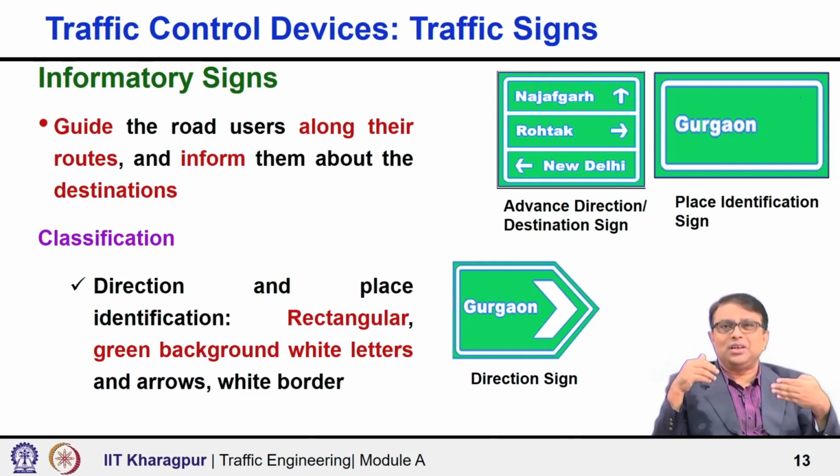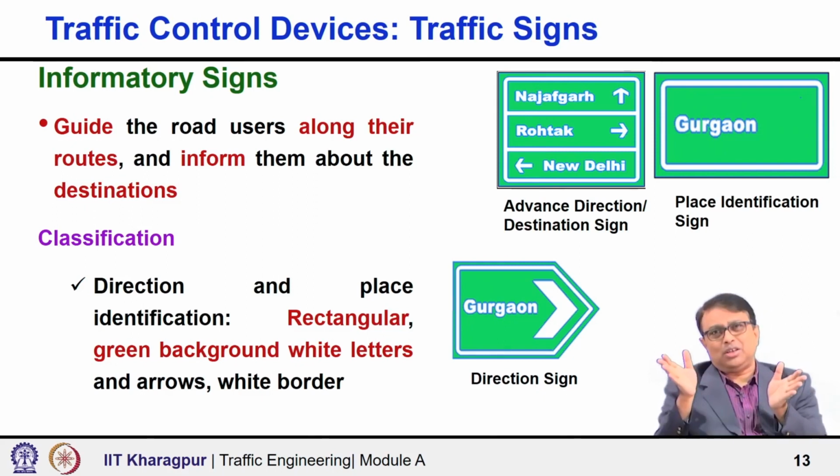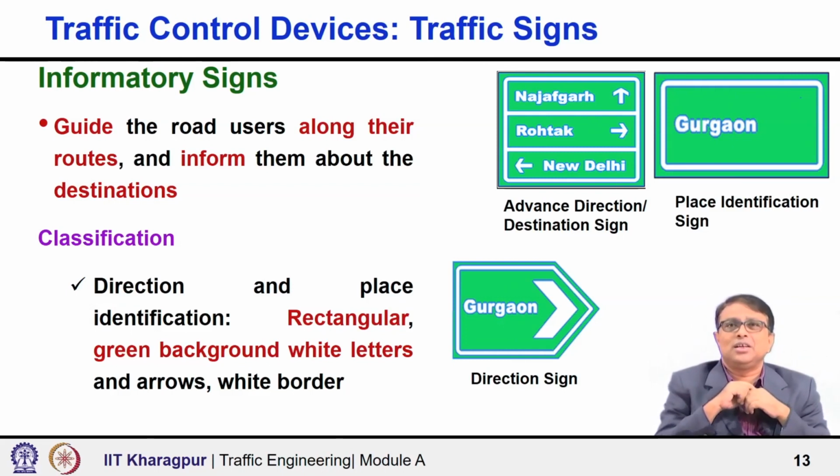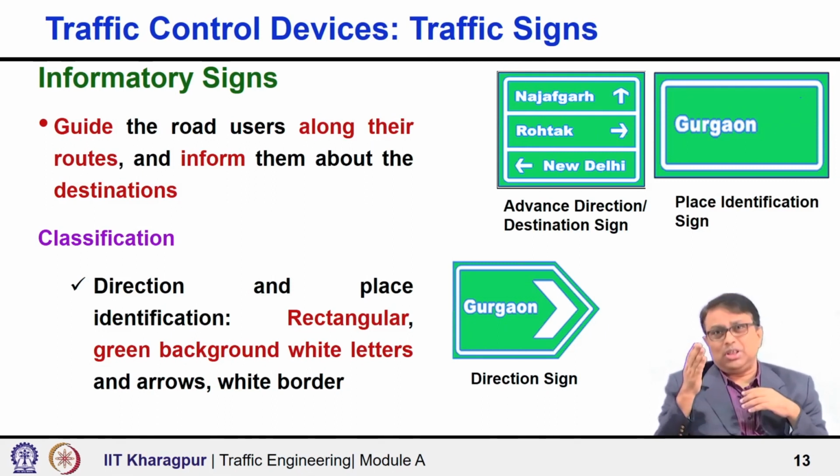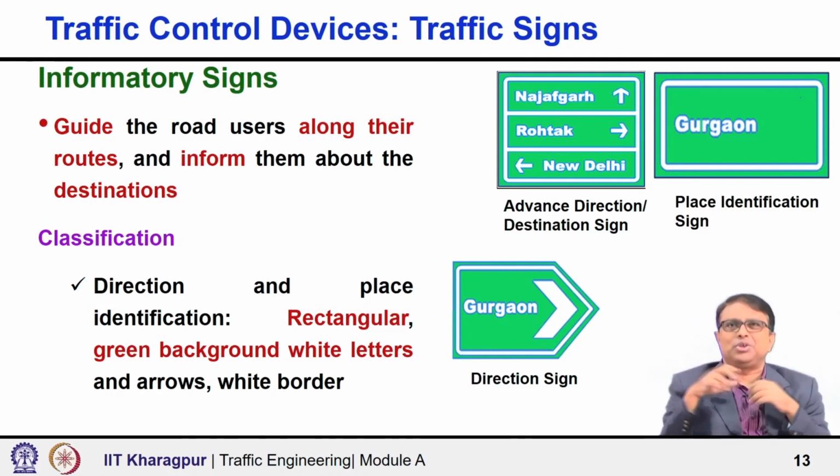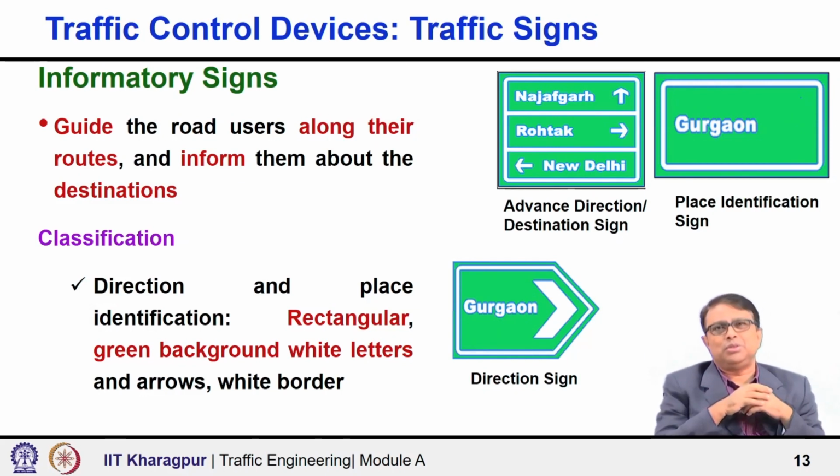Sometimes two roads diverge, one going to the left and another to the right, and you need to be informed which road to take based on your destination. If the arrow shows that you move straight for this place, or take the right turn or left turn for that place, accordingly you will take the particular road.